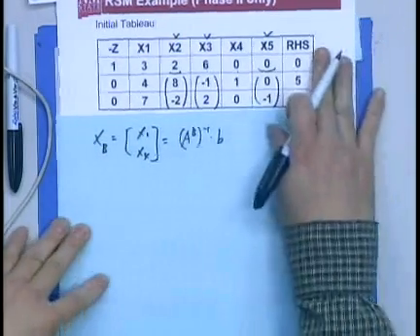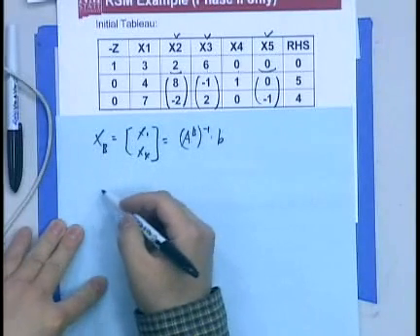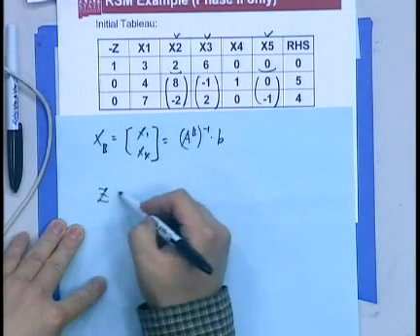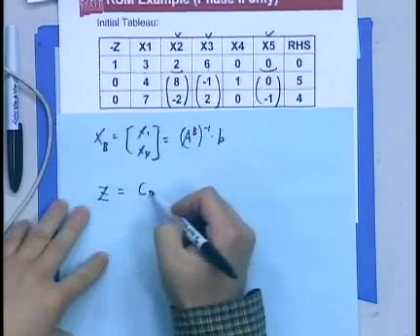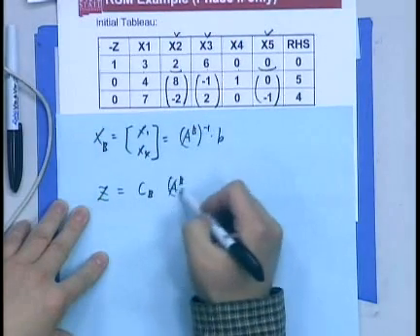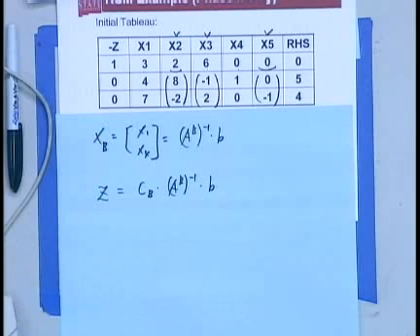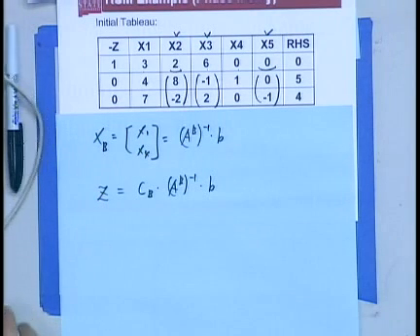And the corresponding objective function value can be obtained by C_B times B inverse b. Okay? Any questions so far?